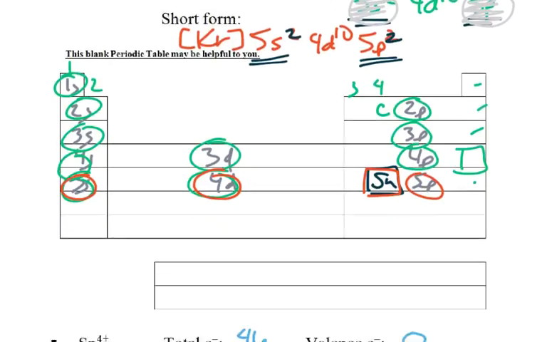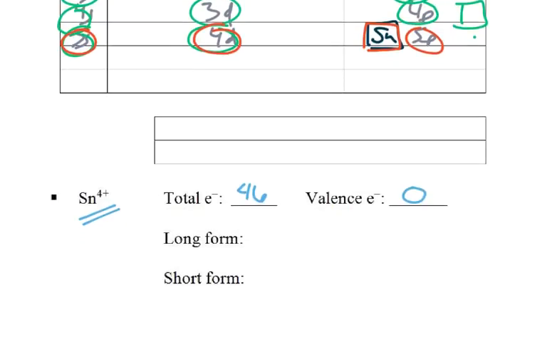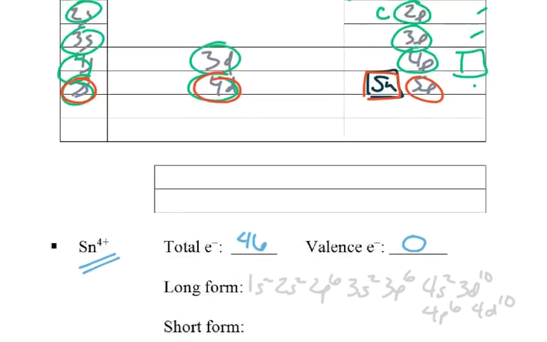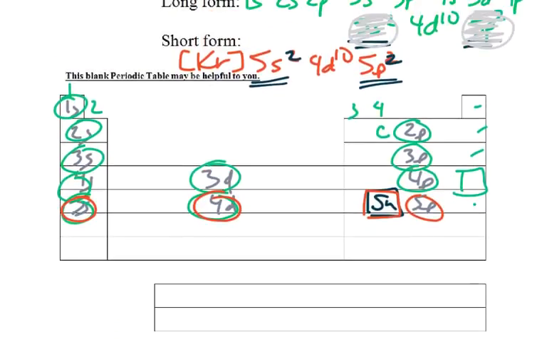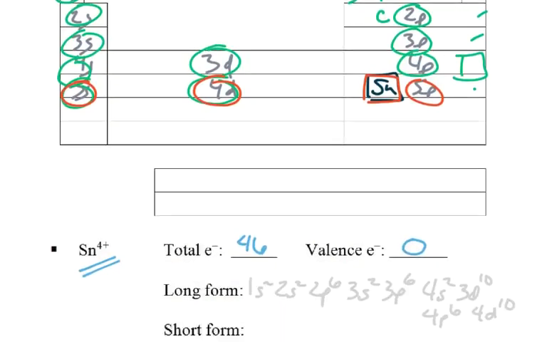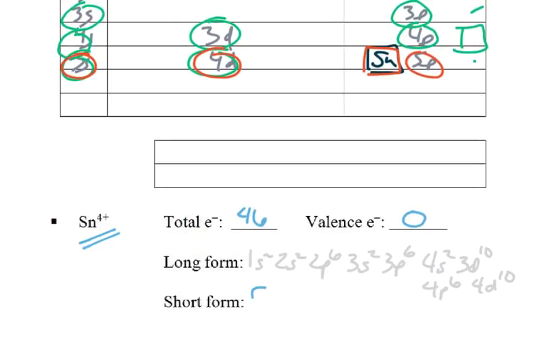That is the answer for this, and I'll take a second to write it out. Okay, so there it is. It's the exact same I had before, only I left out the 5s2 and the 5p2. My short form, exactly like we had before, is still going to go back to krypton, only we're going to leave out the 5s2, 5p2. So this answer here is going to be krypton.